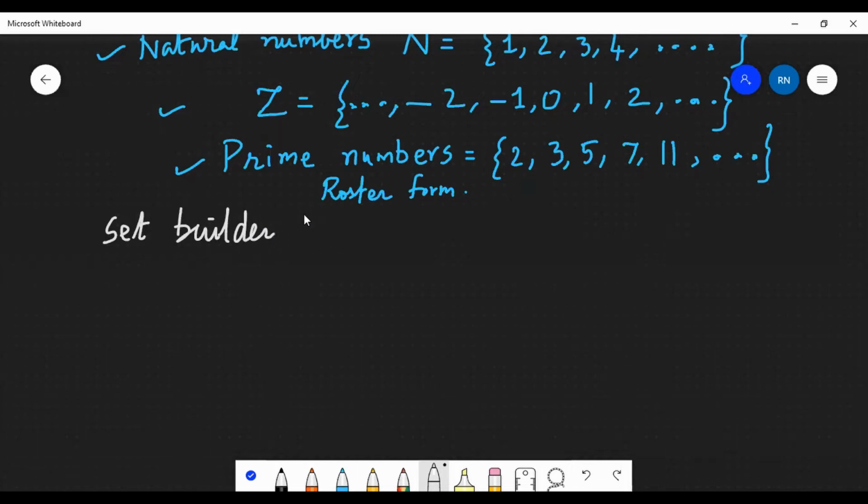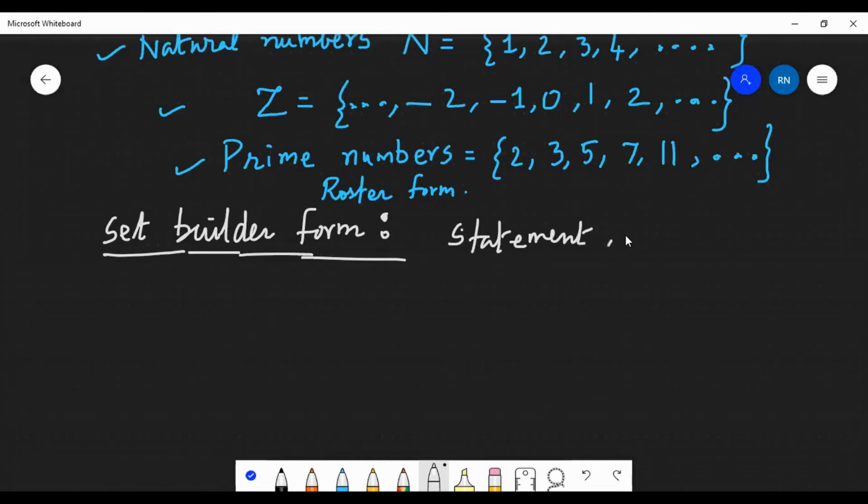Set builder form is nothing but a simple English language explanation for the set, but then with a qualifying statement. Okay, but then there is a way to write it. So this is by way of a statement, a statement that explains the elements in the set.